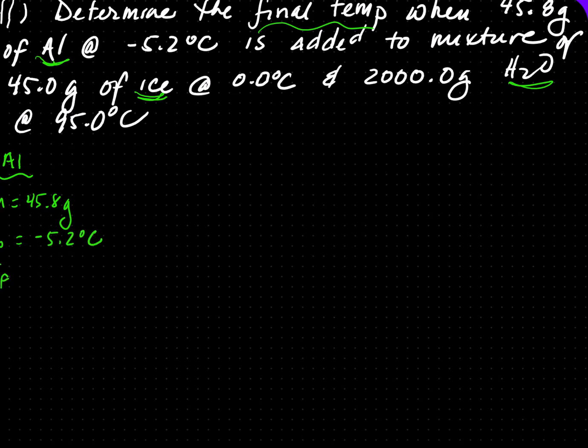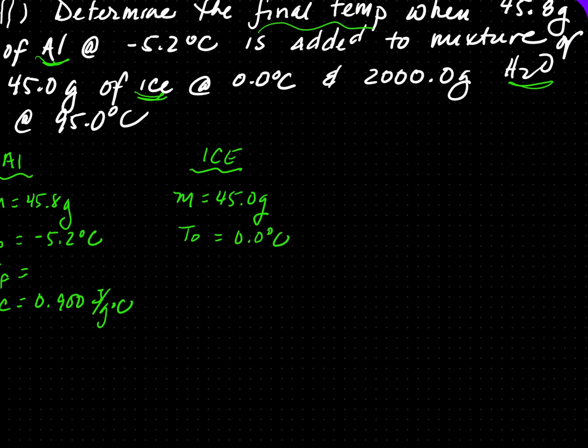We're looking for the final temperature, and the C you're going to get from your table that I provided is 0.9 joules per gram degrees Celsius. My second substance is ice. My mass is given as 45 grams. My initial temperature is equal to 0 degrees Celsius.